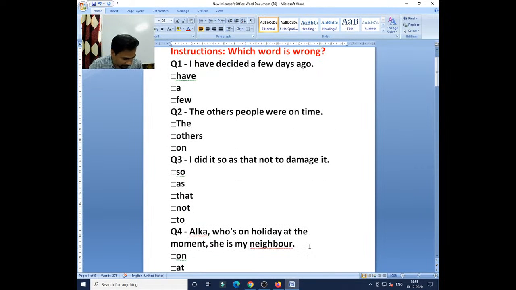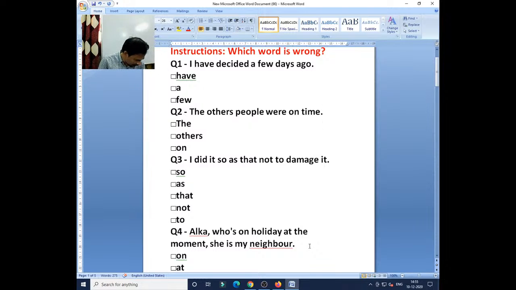Question number 2. I have not asked question number 2, but some students have already answered. Okay, the others were on time. So Subham has given the answer. Before Subham, let me check who has given it. Samiksha, Siddhika is there. One child who has answered also.